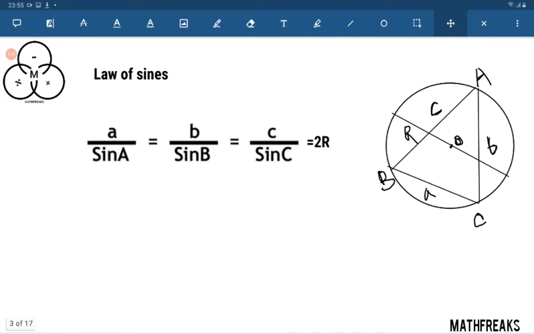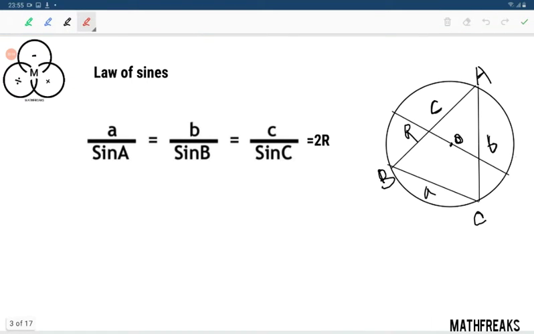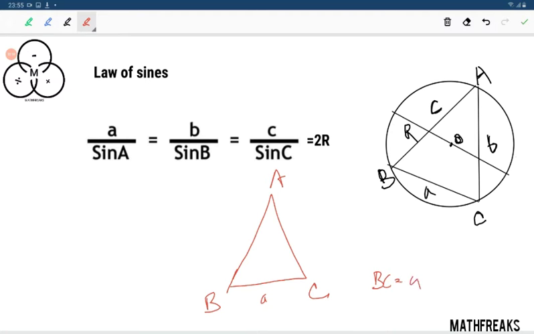First important thing is the law of sine. In a triangle ABC, first of all the notation is very important. For any triangle ABC, generally the side opposite to the angle is denoted by the small letter, that is BC equals small a.